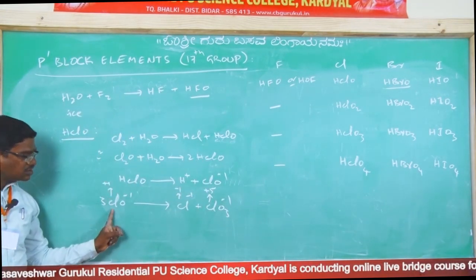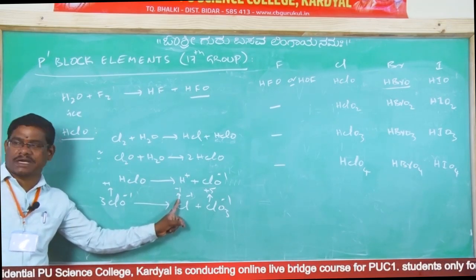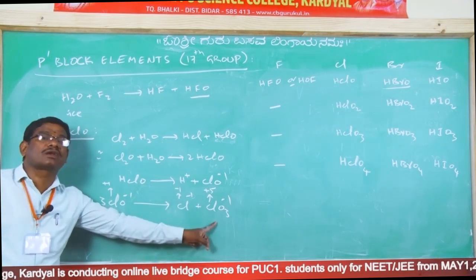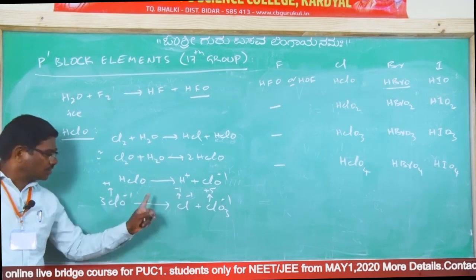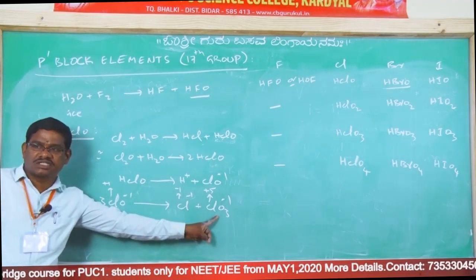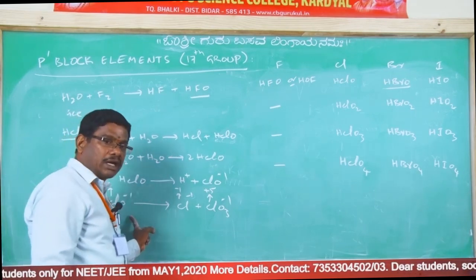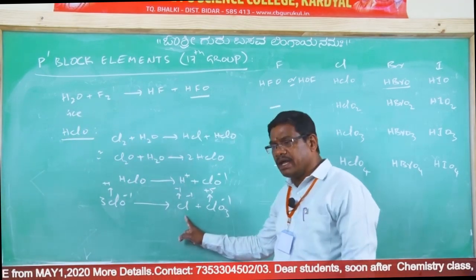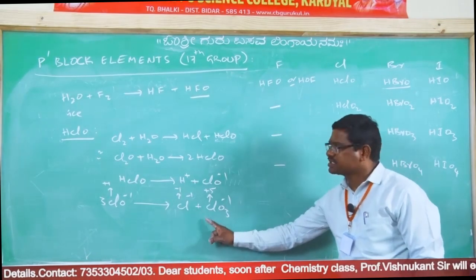Chlorine from +1 to -1, 2 electrons are added. The same chlorine from +1 to +5, 4 electrons are removed. One side it undergoes reduction, the other side oxidation. Thus hypochlorite undergoes disproportionation to give chloride as well as chlorate. This step is important.